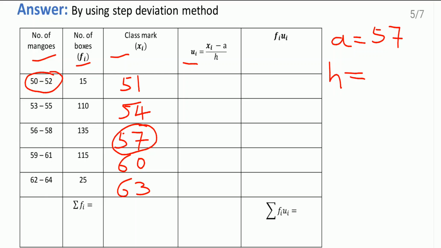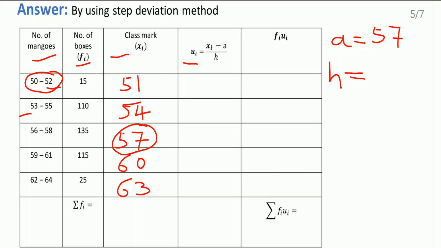For the class size, remember, class intervals are always supposed to be continuous. If they are not continuous, you have to make them continuous. Then only you will be able to find out the class size. Now see here, in this case, this 52 and 53 are not the same number. That means class intervals are discontinuous.